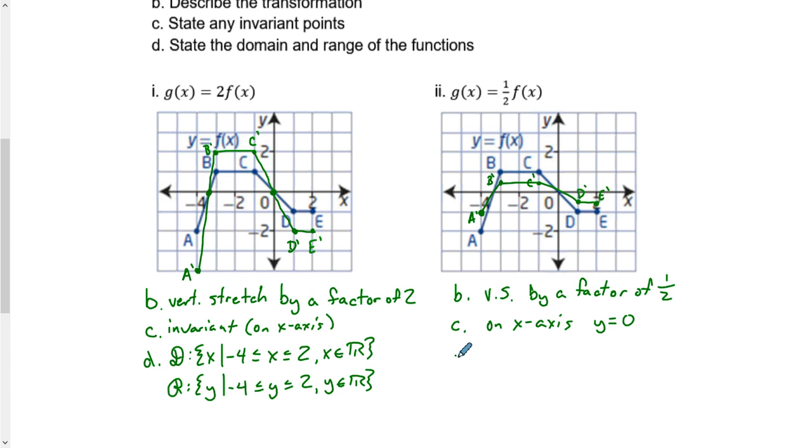Now, of course, if we talk about our domain and range, our domain is still -4 less than or equal to x less than or equal to 2. And our range, all of our y's, from -1 less than or equal to y less than or equal to 1/2.